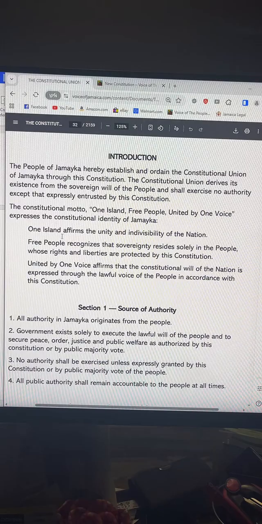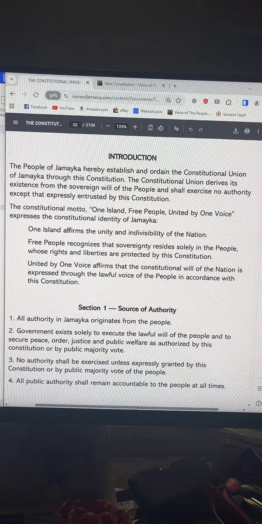The reason is because the current name is colonially derived. Apparently, from what we have been told, it was created by Spain, the Spaniards, and then when the British took over, the British maintained that name.